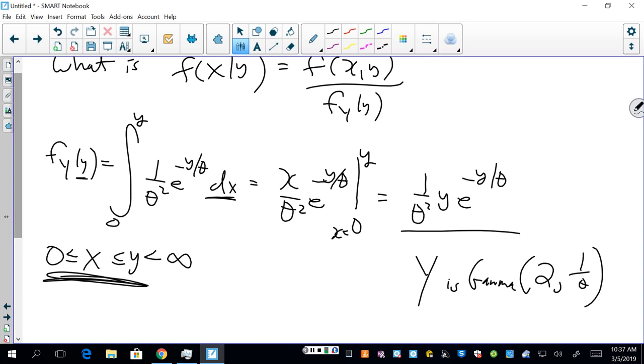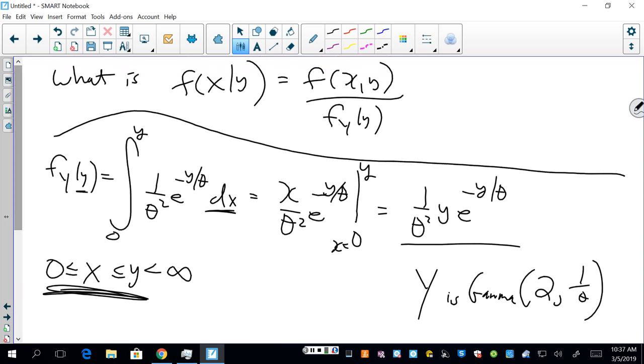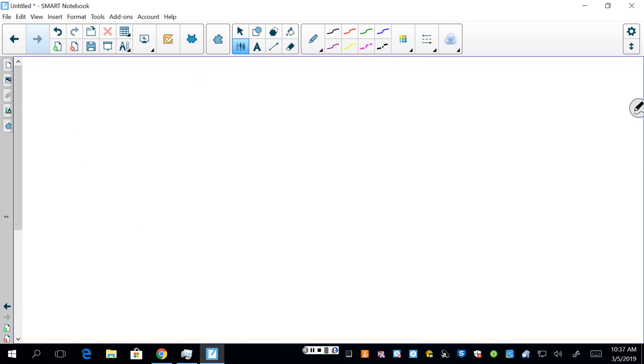So the point of this problem was to get at the conditional distribution of x, given that we have our second measurement at y. We take that ratio: f of x given y is the joint density, and now we figured out the marginal for y.